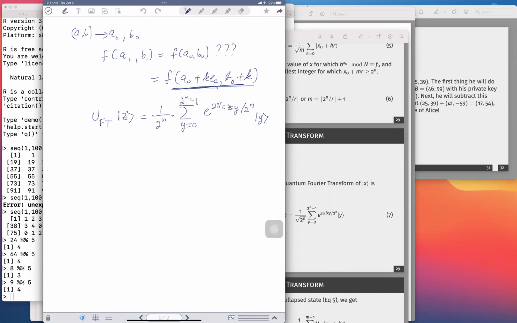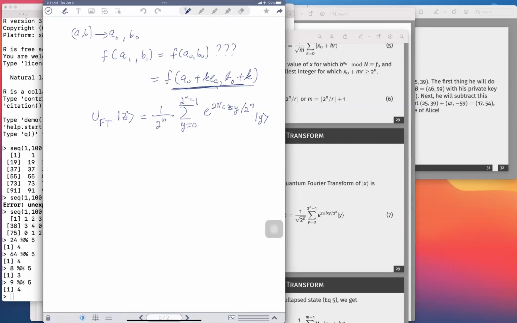In other words, the Fourier transform will transform the value of the qubit z into a superposition of basis vectors y.